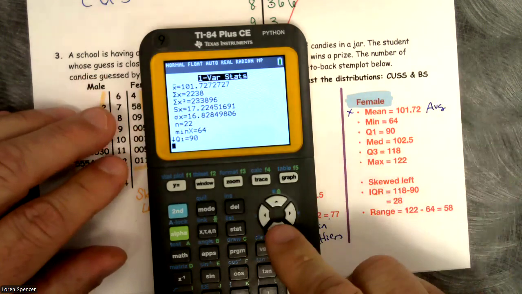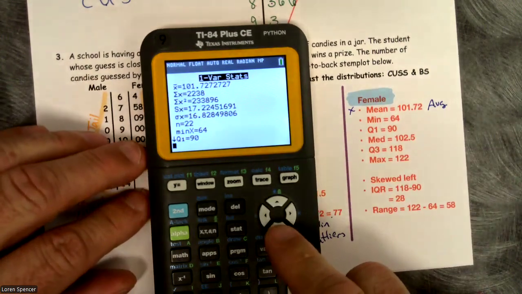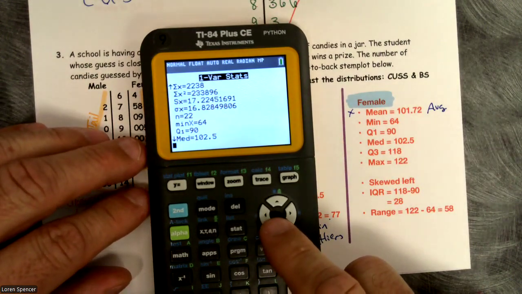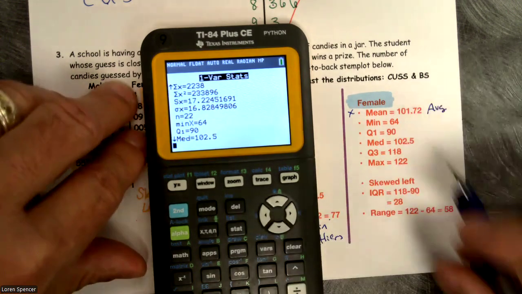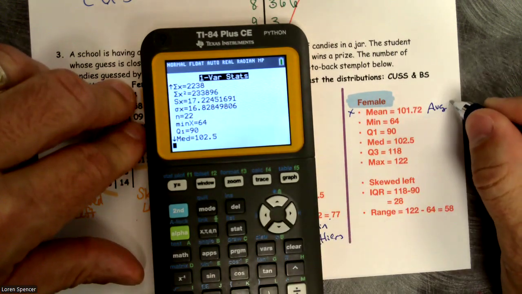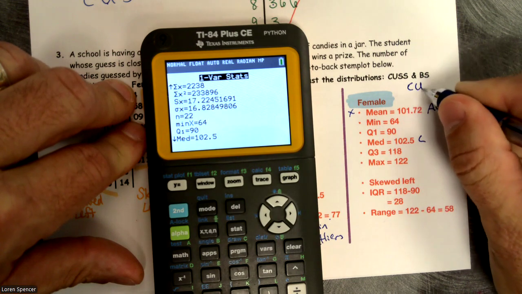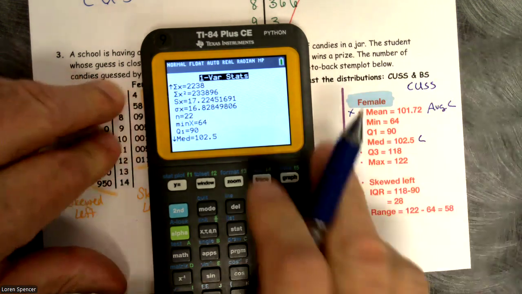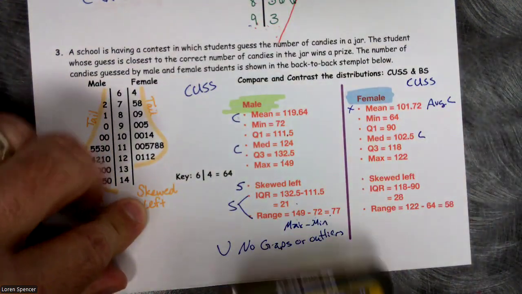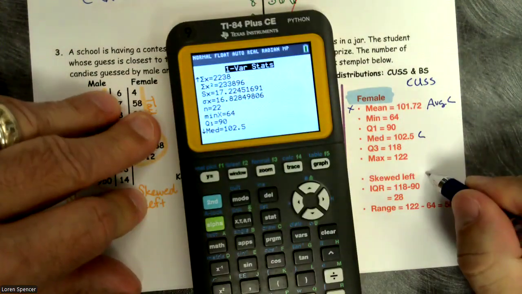And so this right here, we're looking for our center. That's a measure of center, because remember, we have to discuss it completely. We already said over here that it was skewed to the left, so this is our shape.